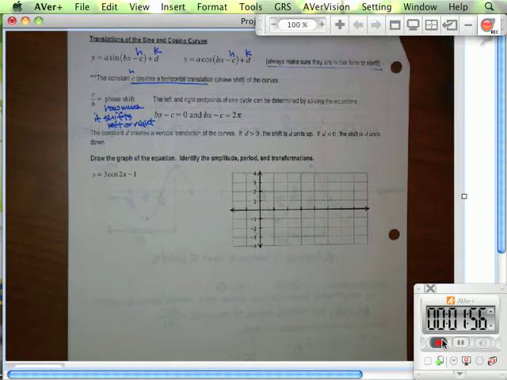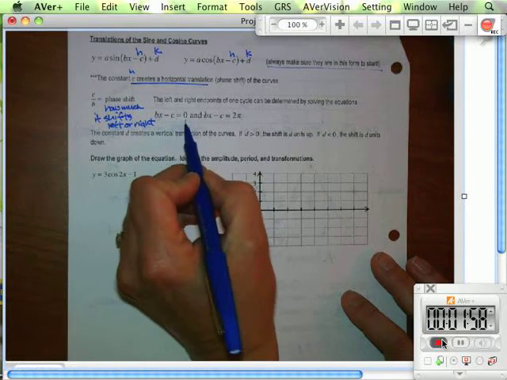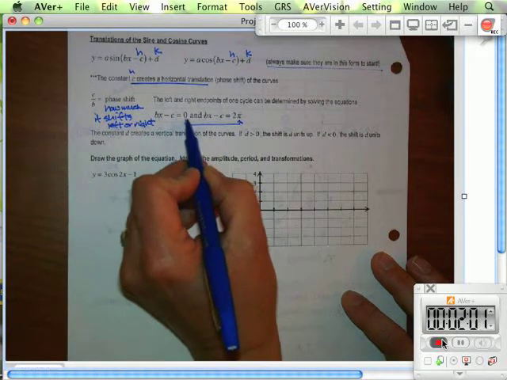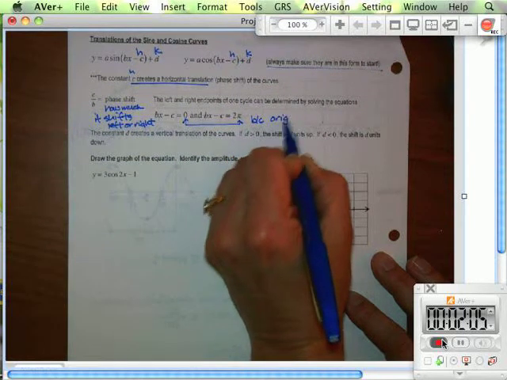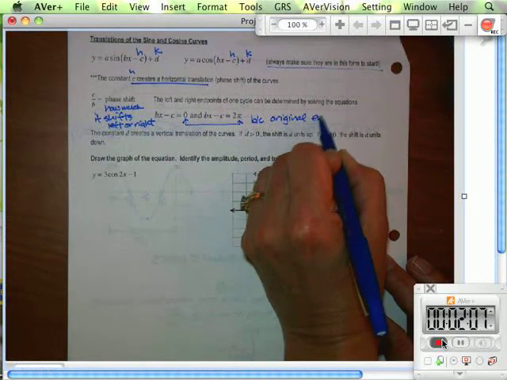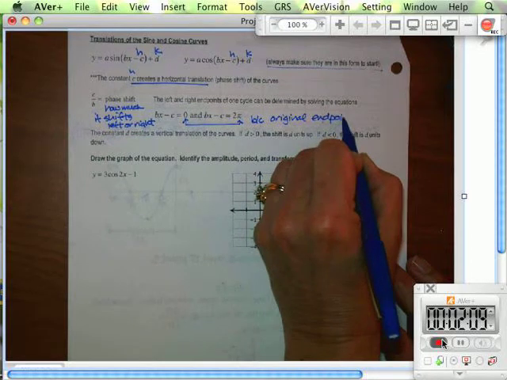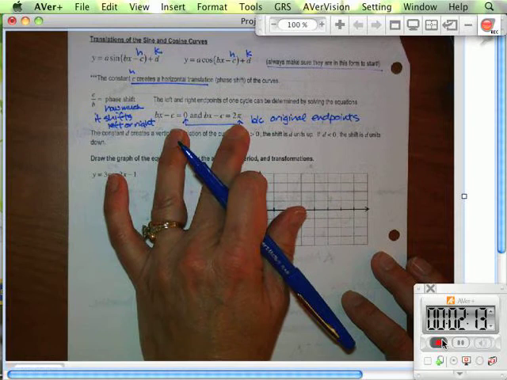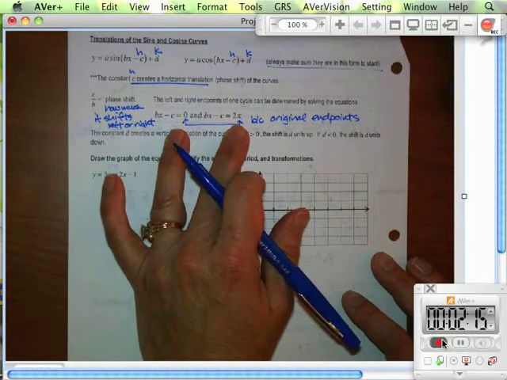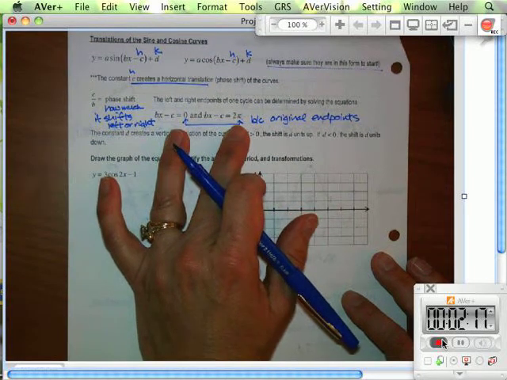We saw that yesterday. And I'll be honest with you, we'll start by doing this, but ultimately you won't really need to do that step. You'll just see it, I think. But it's there if you need it.